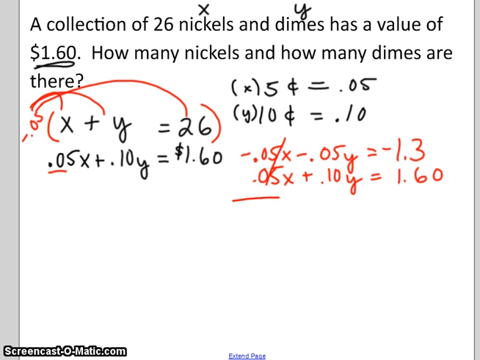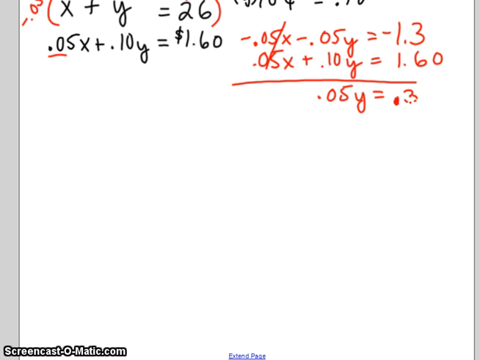Alright, the x's are eliminated. Negative 0.05y plus 0.10y equals 0.05y. Negative 1.3 plus 1.60 is 0.30.